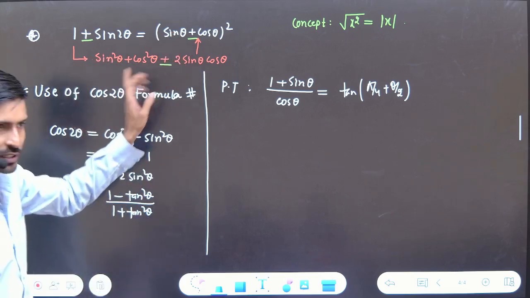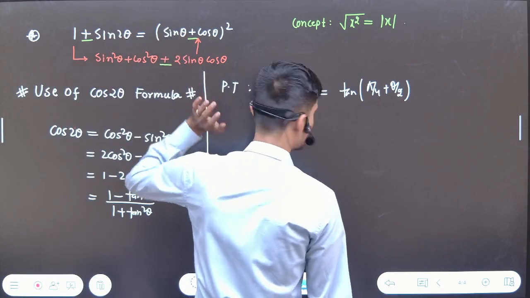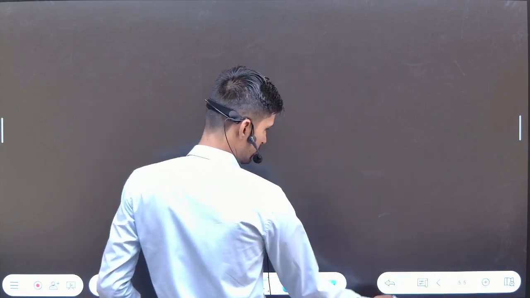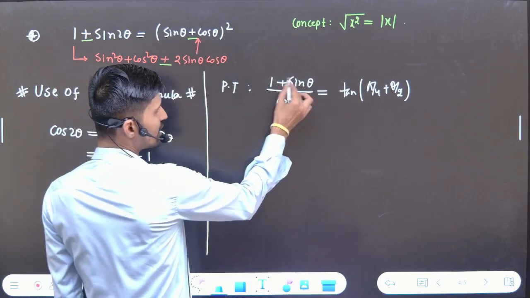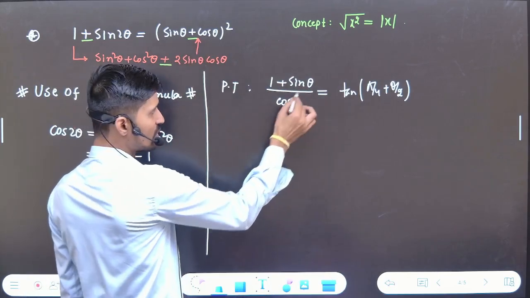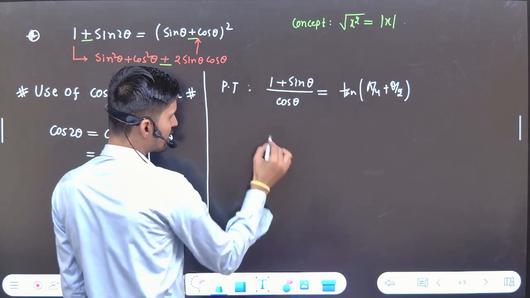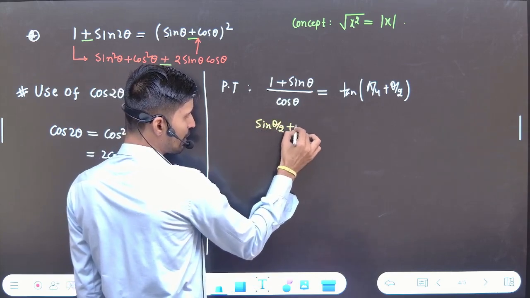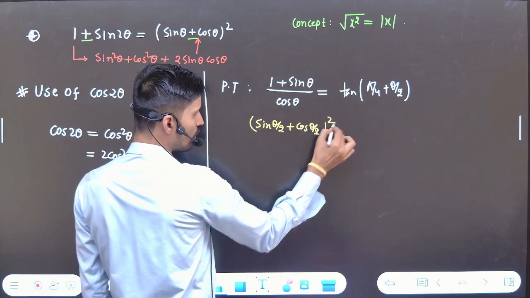We are going to change into that first. So 2 theta, then this angle is getting half. Same. So 1 plus sine is present. So what will happen? Angle will get half. So what will we write here? Sine theta by 2 plus cos theta by 2 whole square upon.